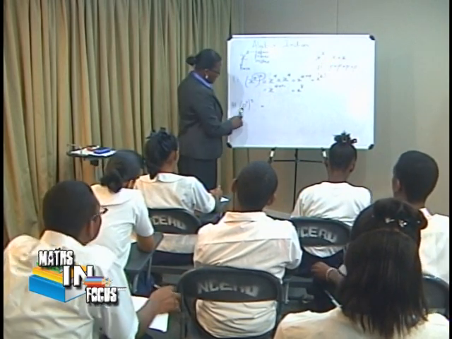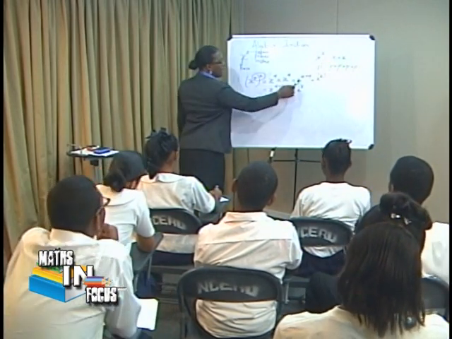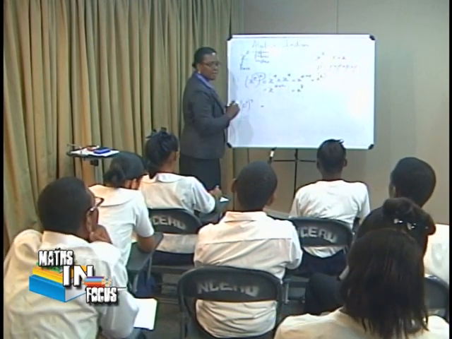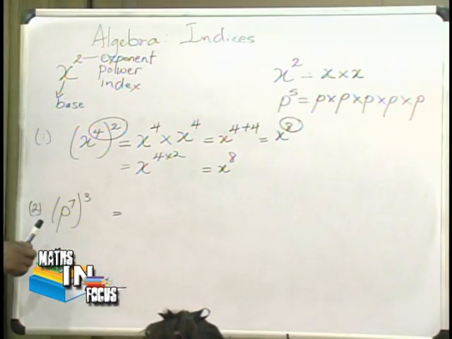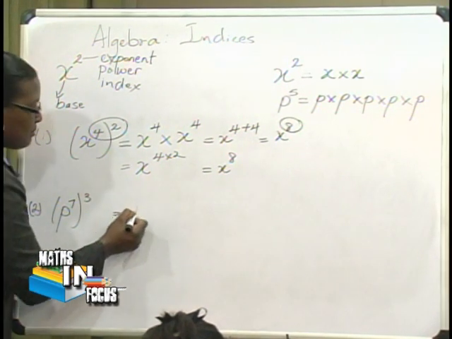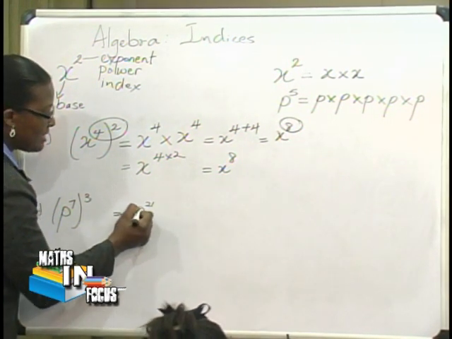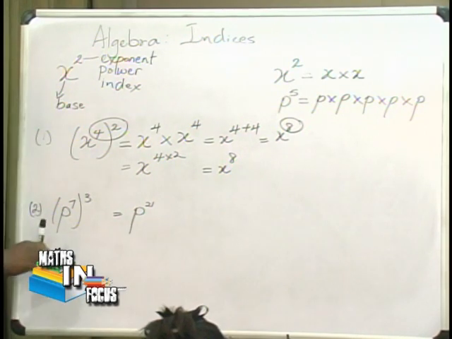Now, without expanding and all of that, what would be my answer here? In this second one, what would be my answer? P to the 21st power. So we simply multiplied.